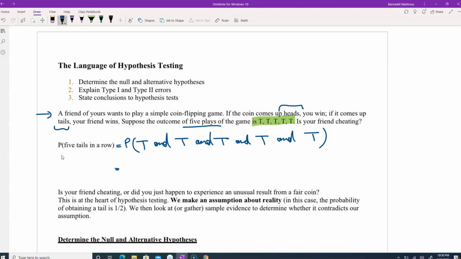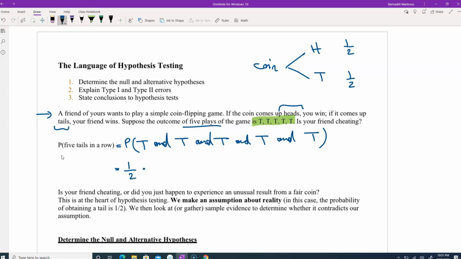If you remember, for a coin you can have head or tail, but the probability for each one is 1/2, meaning that the probability of tail is 1/2.